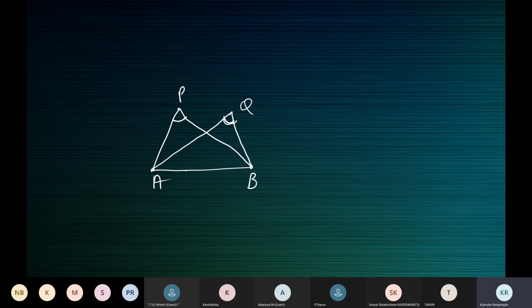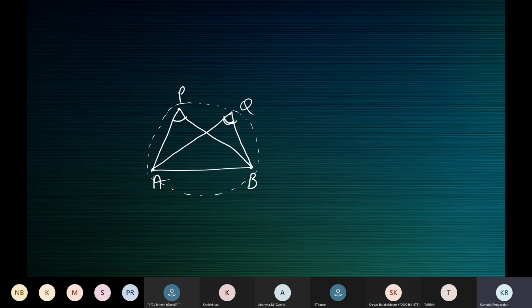We have a line segment. The 2 endpoints are A and B. It subtends equal angles APB and AQB at the points P and Q lying on the same side of AB. If all this is available to you, then this means that the 4 points are concyclic. That is, you can draw a circle passing through the 4 points A, P, Q, and B. Now, when you draw the circle, it becomes more clear.